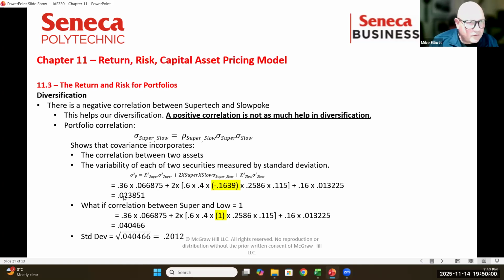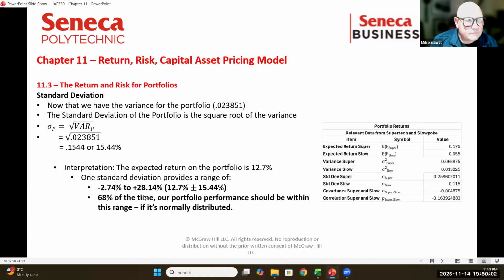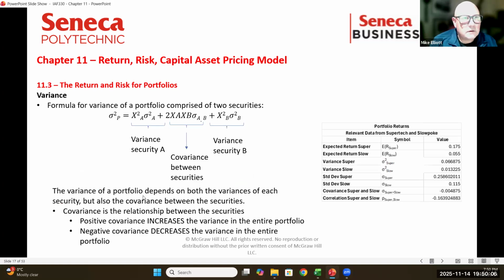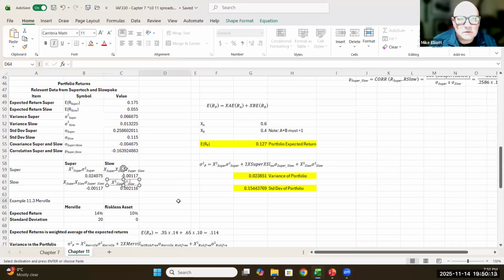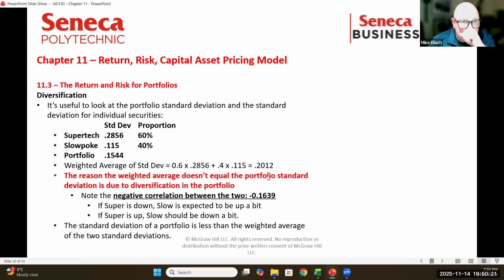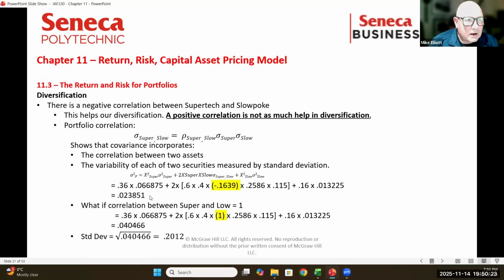And that gives us our 0.23851. Where do we end up with 23851? The variance of the portfolio. So, yeah, it's painful. Sorry.